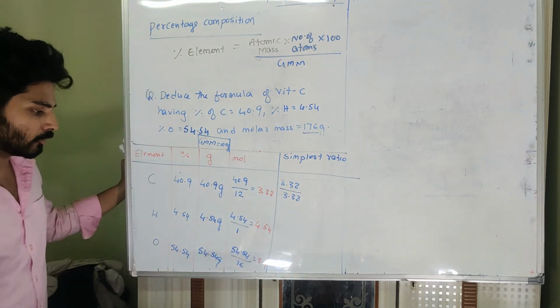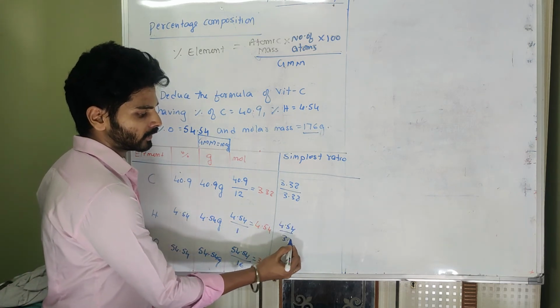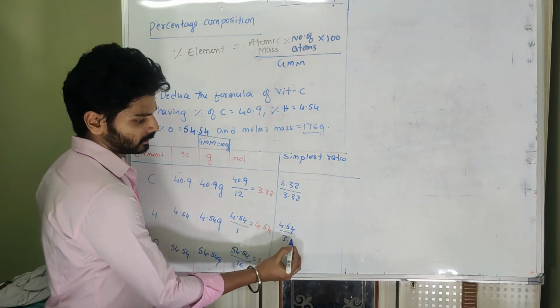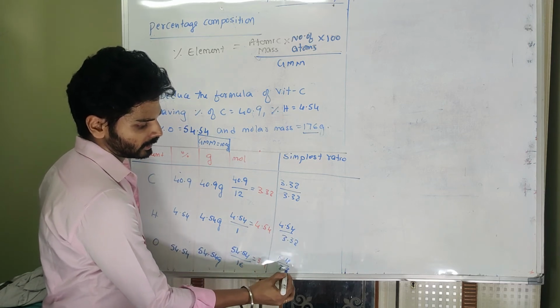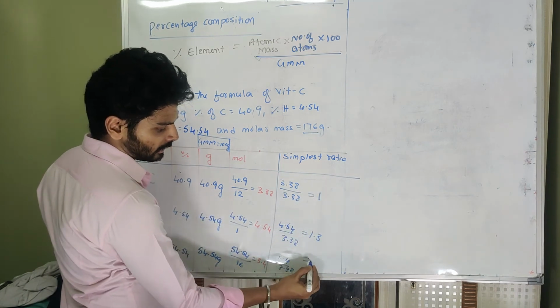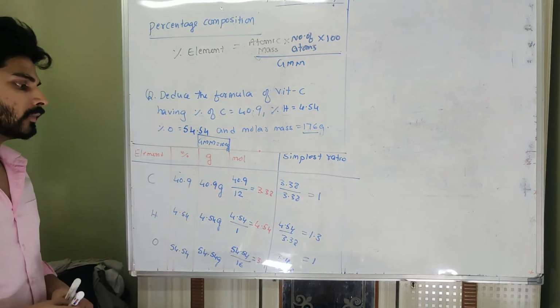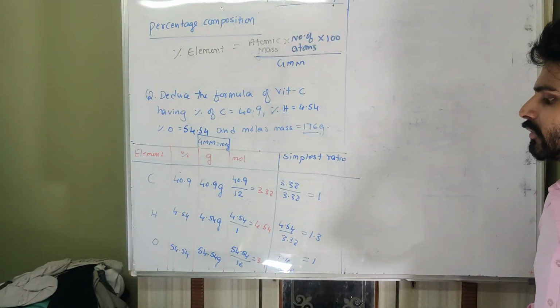So this is 4.54 upon 3.38, and this is 3.4 upon 3.38, and this becomes 1, and this becomes 1.3, and this becomes 1. So again 4.54 upon 3.38 is becoming 1.3.